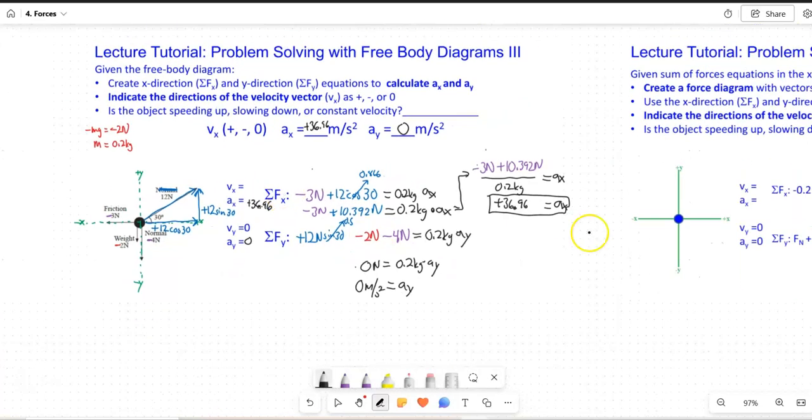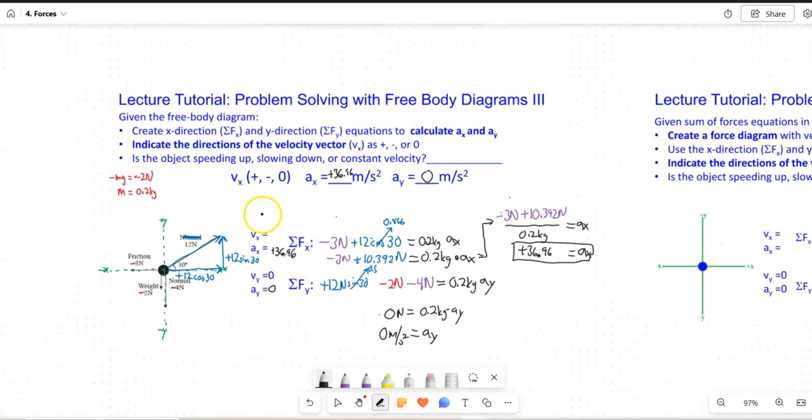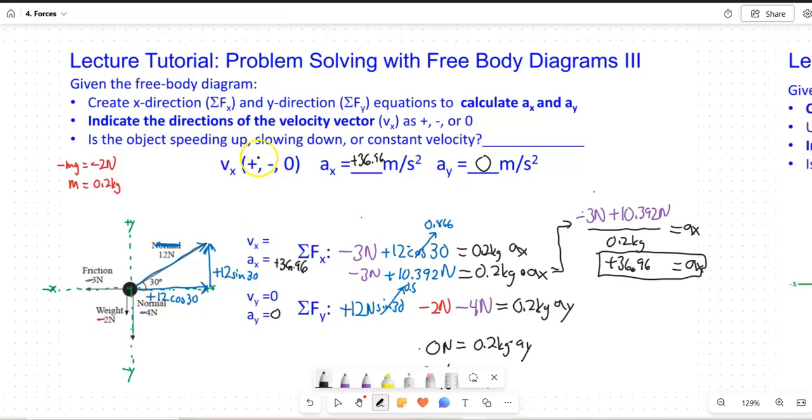All right. We have to figure out the direction of the velocity vector and whether it's speeding up, slowing down, or constant velocity. So the friction vector is going to tell us the direction it's moving. And so the friction vector is in the x direction. That is a negative number.